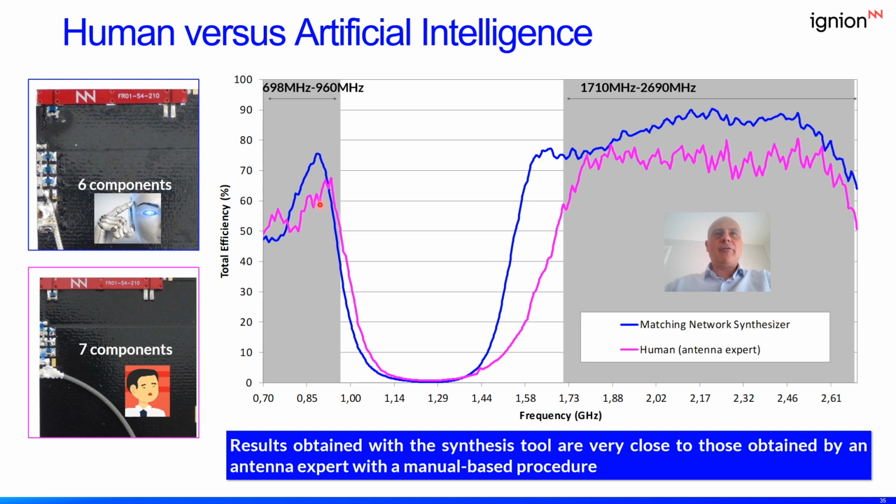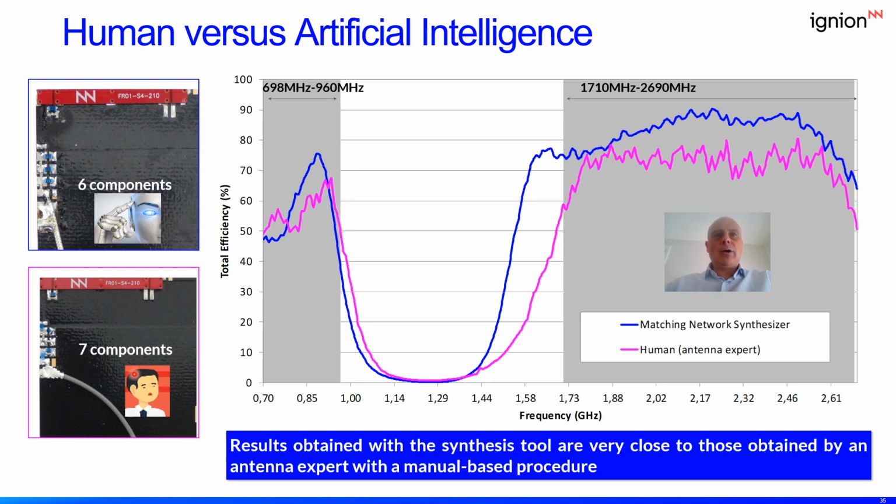As you can see, the results are even better for the blue case, which is the software-based one, especially in the high frequency region. So not only are the results in this case better, but one component less is used in the matching network, and most importantly, the time to design the matching network and build it into a real PCB took less than a couple of hours.